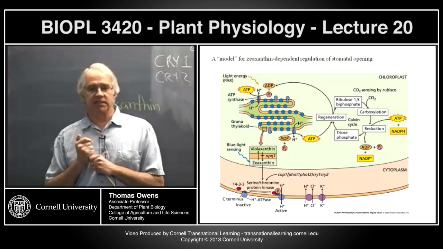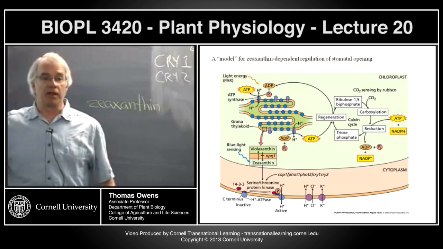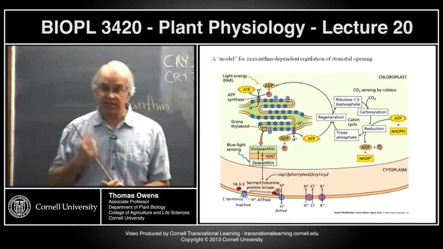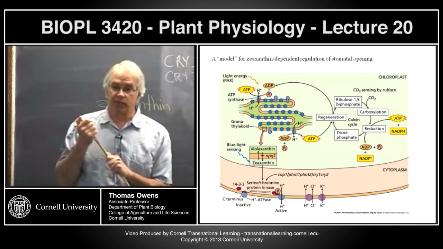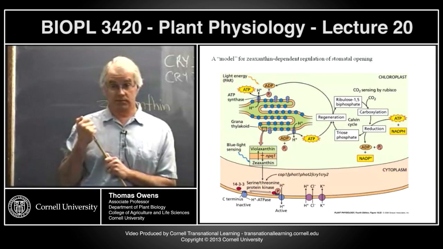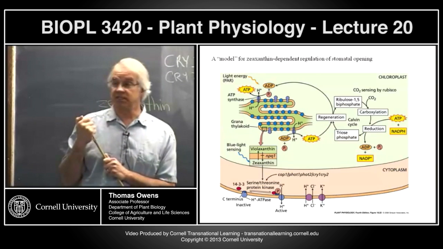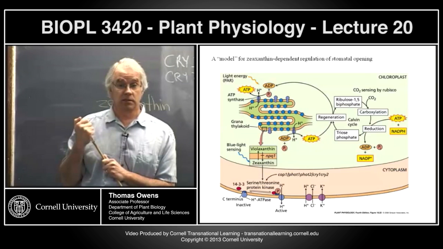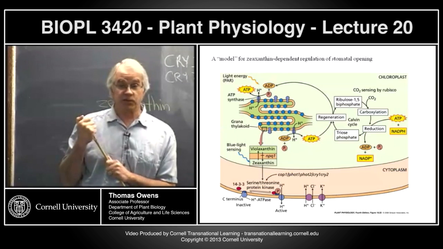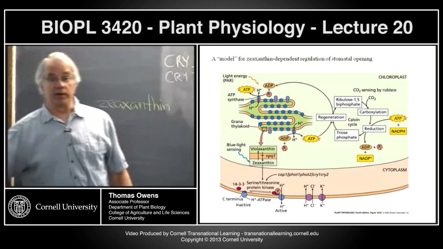And zeaxanthin is located in proteins that are in the thylakoid membrane. All the zeaxanthin in the cell is located in proteins in the thylakoid membrane, even in guard cells. So what that suggests is if zeaxanthin is the light sensor, then the place where that light sensor is functioning is in the thylakoid membrane.